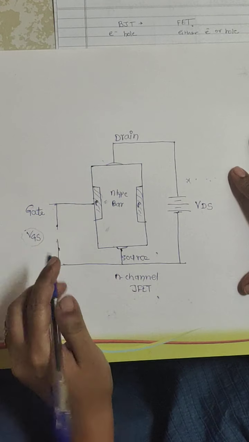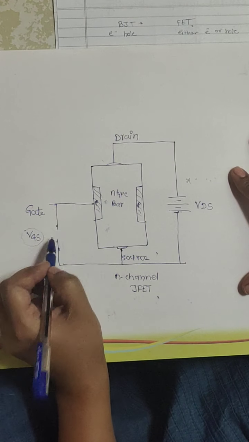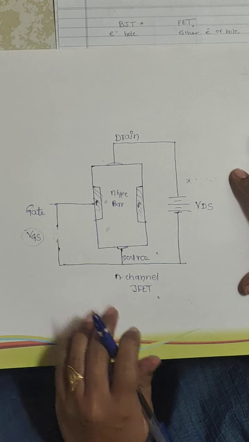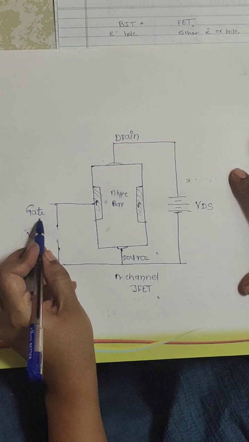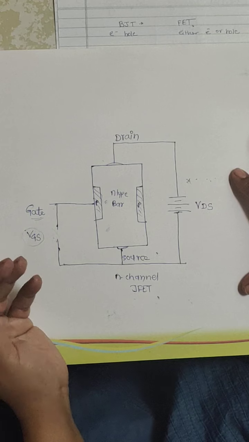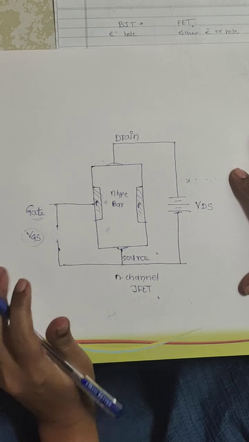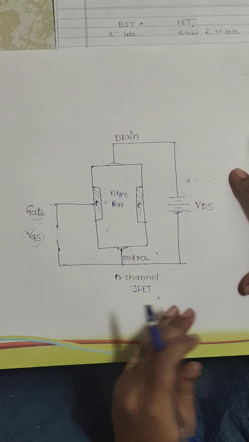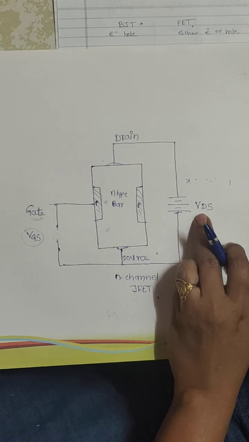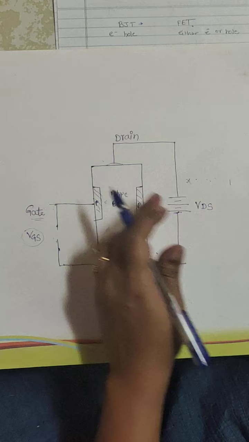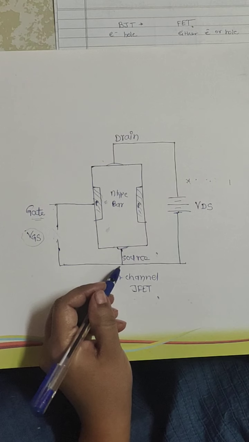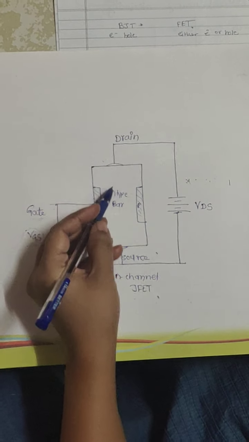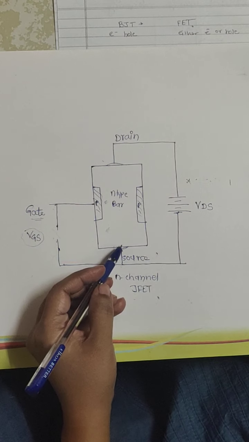Initially we will not connect the VGS battery here. We will make the gate terminal an open terminal. So we will discuss what happens if only one battery is connected between the drain terminal and source terminal. This is the N-type semiconducting bar.